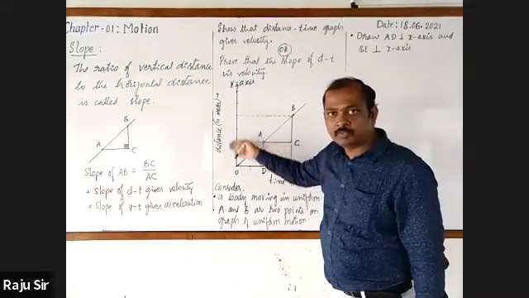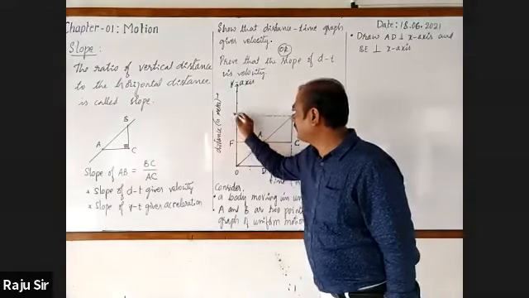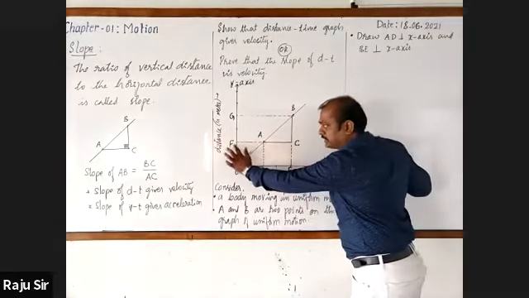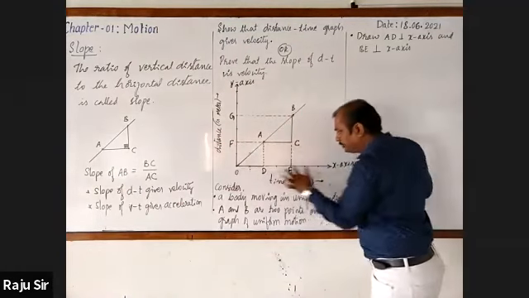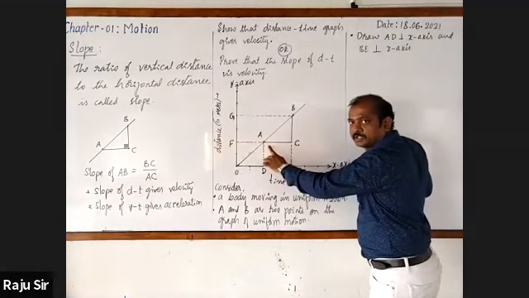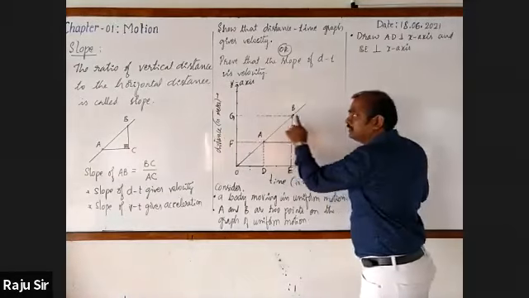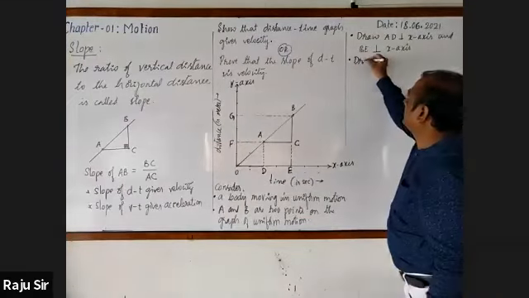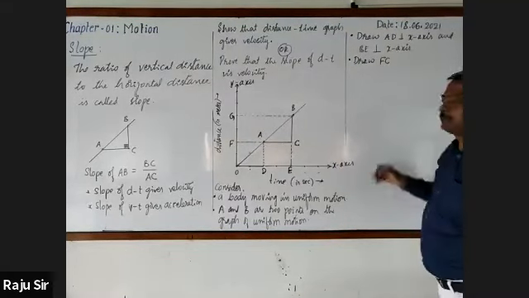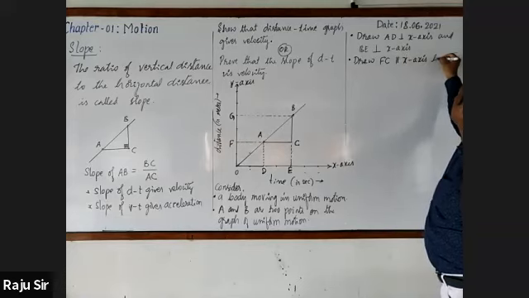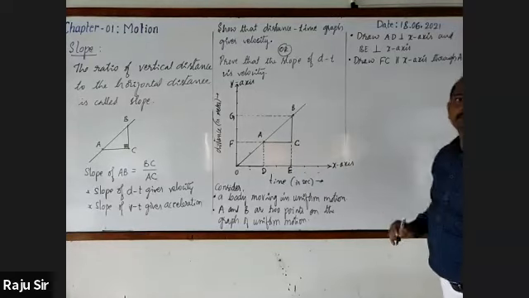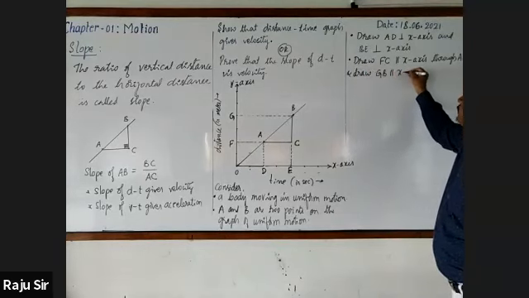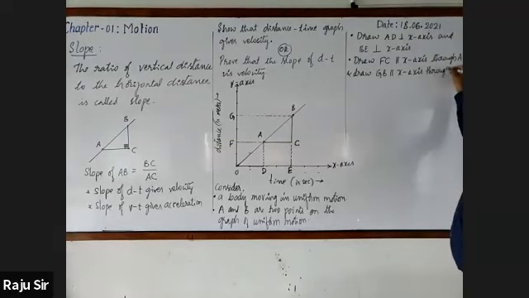In order, I'm going to mark these 2 points as F and G. Now we have to write a sentence like this: draw FC parallel to x-axis through A. Next, another line: draw GB parallel to x-axis through B.